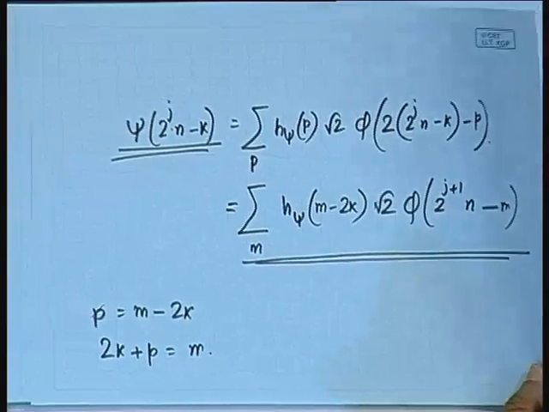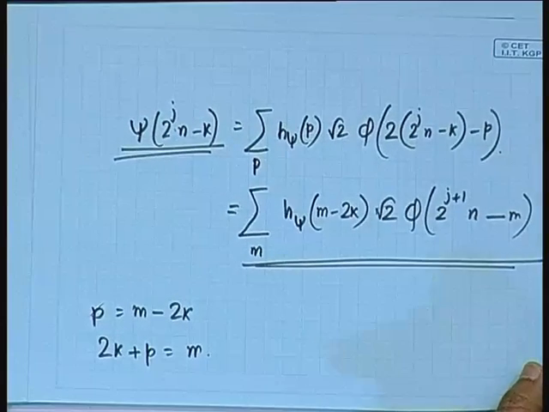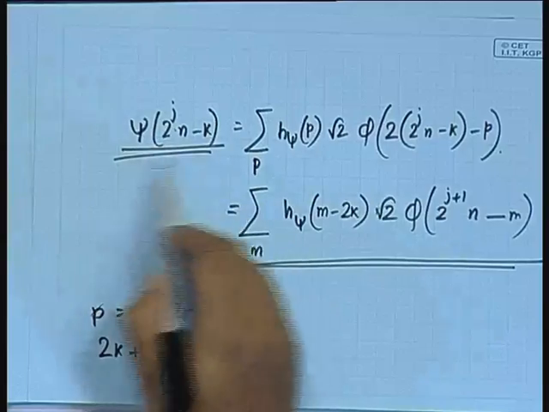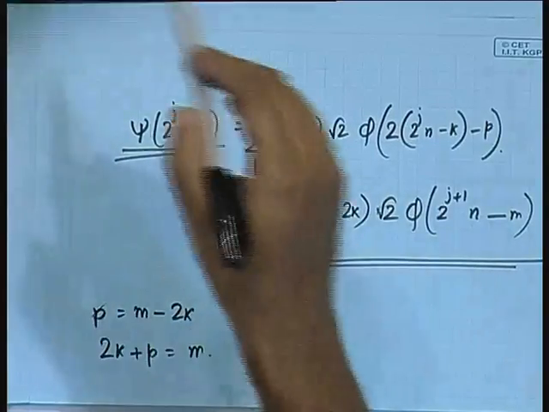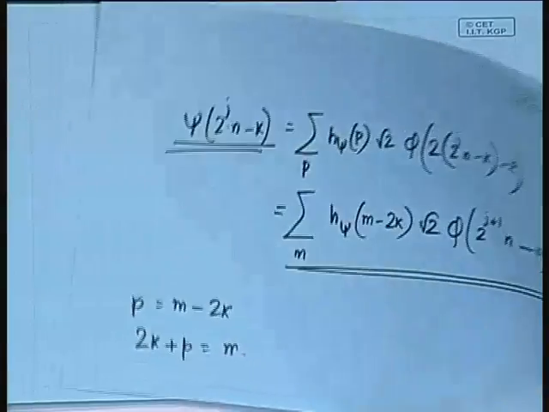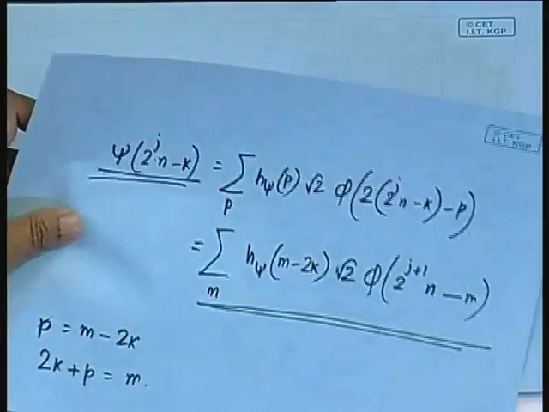So, let us see whether anything interesting results when I substitute psi 2 to the power j n minus k in equation 3a. So, what we get is this.